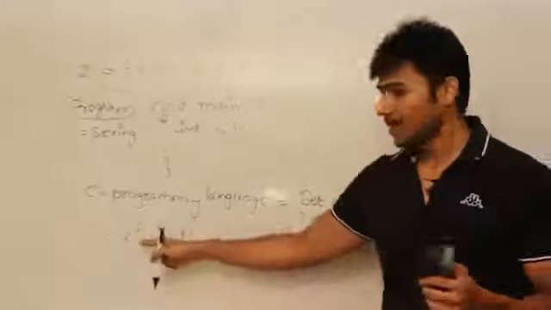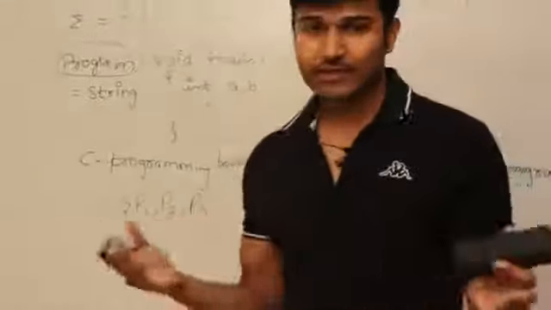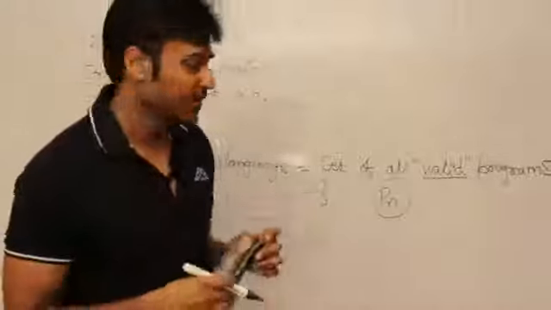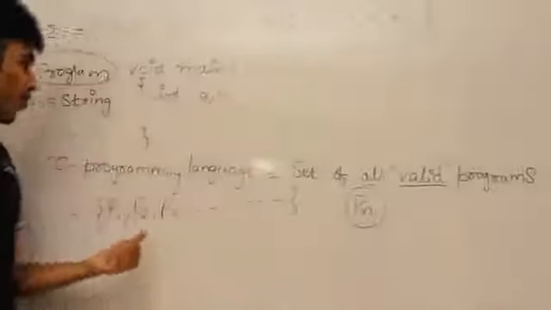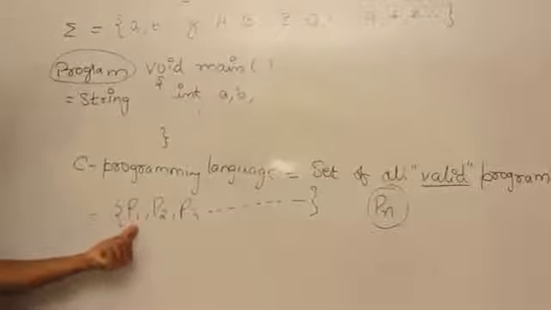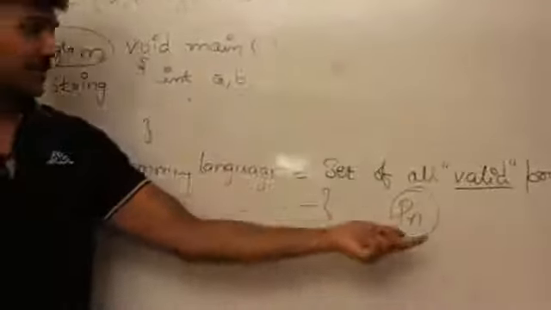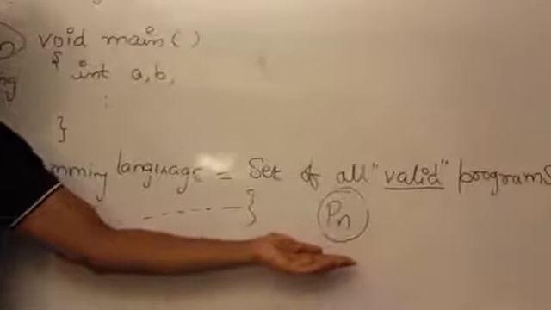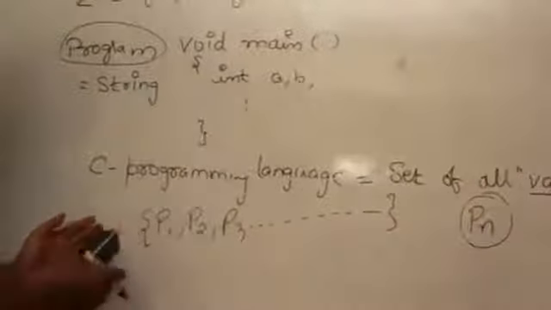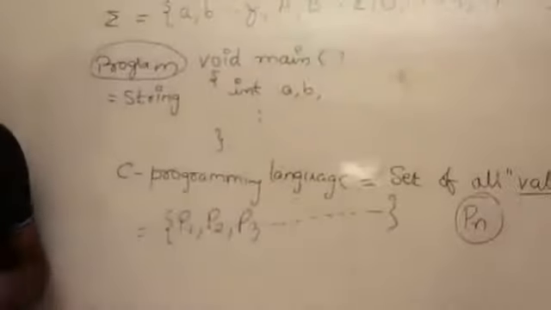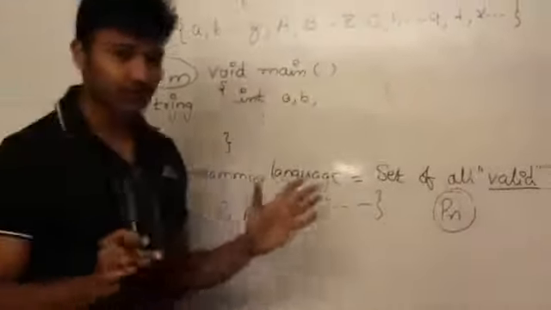The simplest solution we can think of is to save all these programs on the computer, and given a program, go on scanning programs one by one, and if there is a match, we can say that it is valid. But the problem with this is, any computer will have a finite memory, but the number of programs possible is infinite. So obviously we cannot do this.